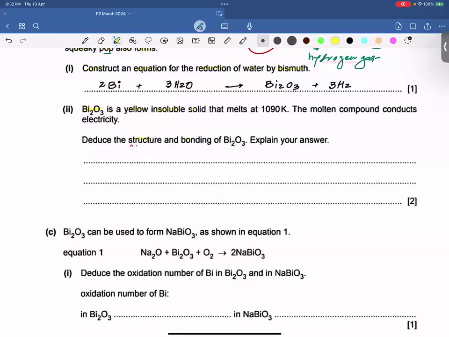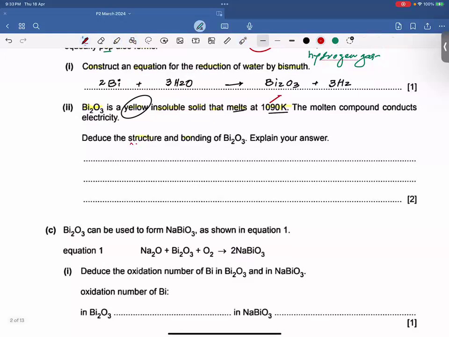Bi2O3 is a yellow insoluble solid, insoluble in water. That means it has a yellow color, and it melts at 1090 Kelvin. The melting point is a higher melting point.